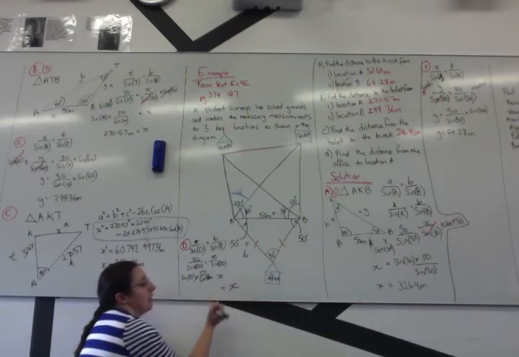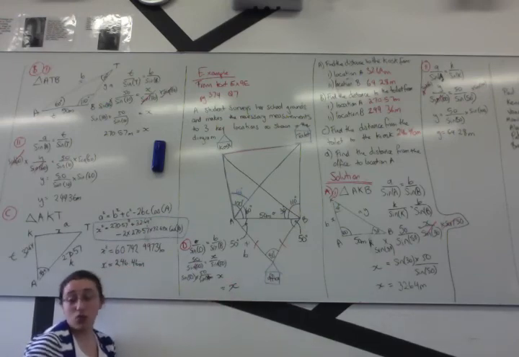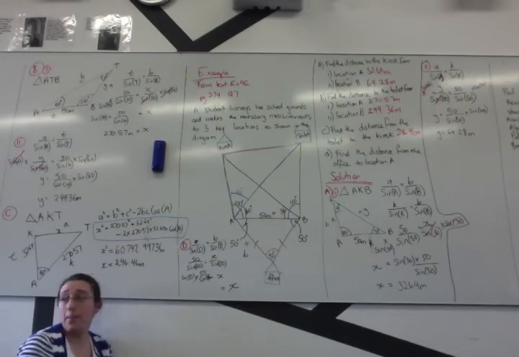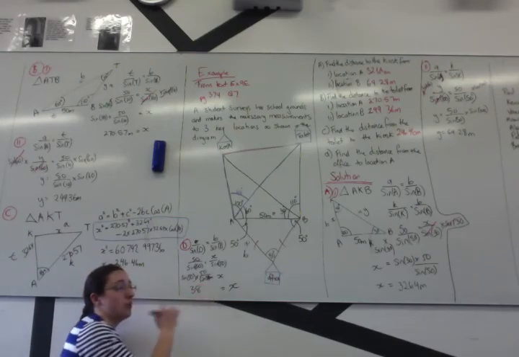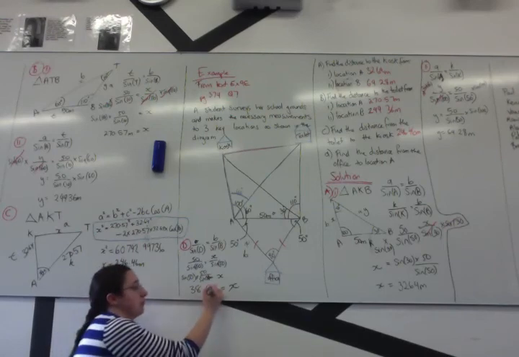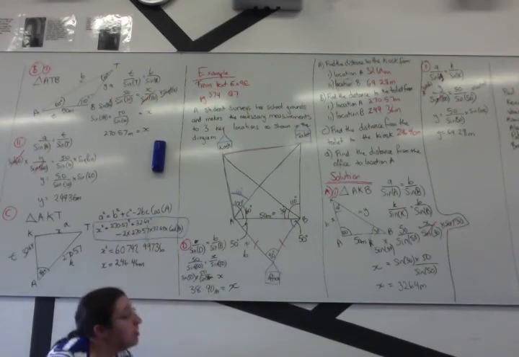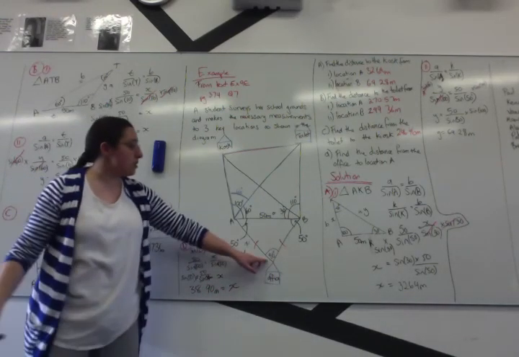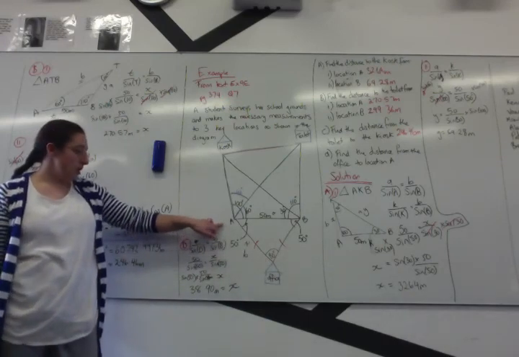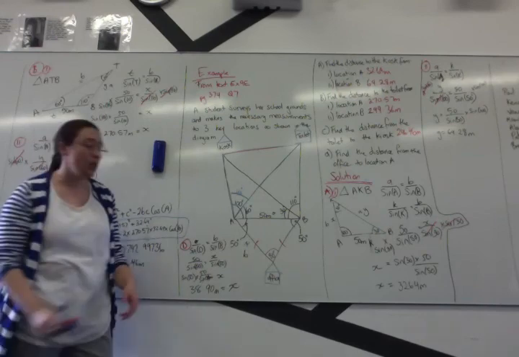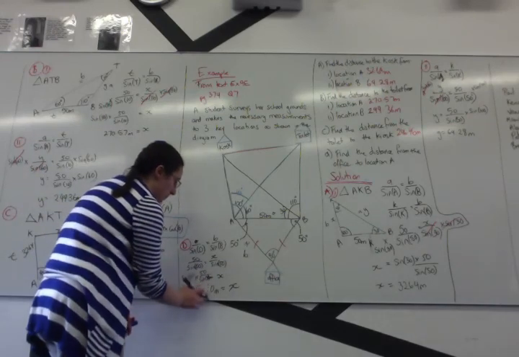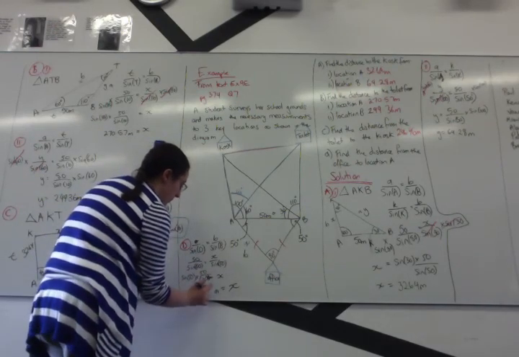X is equal to 38.9. So, from the office to the point A is 38.9 meters. Actually, no, 89. 8.9. 89. I read it wrong.